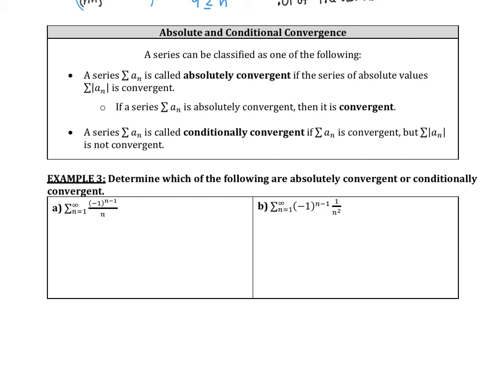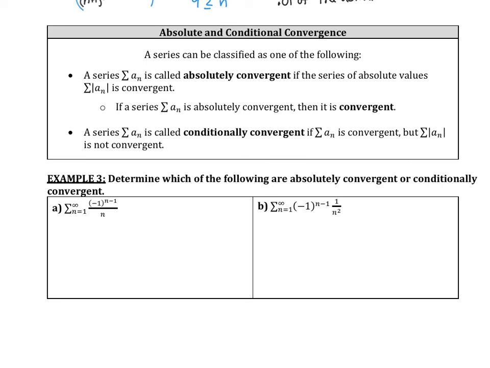So essentially what we're doing for absolute and conditional convergence is we're using the alternating series test on the alternating part. But then what we're doing by taking the absolute value is we're removing the alternating part and saying, hey, would this series converge or diverge if it weren't alternating? Kind of like that one on the front.